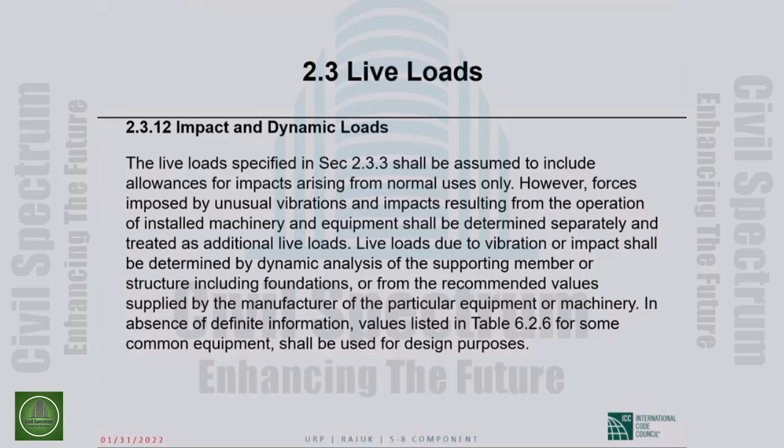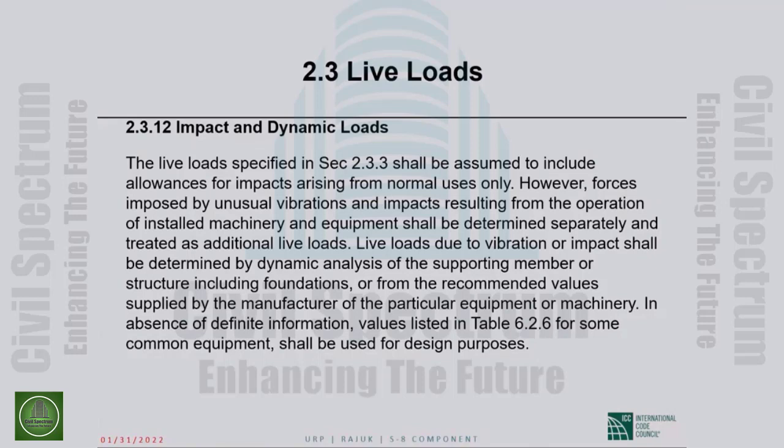This is very helpful. The live load specified shall be assumed to include allowances for impacts arising from normal uses only. So the live loads that we use that are in the table include allowances for impacts arising from normal uses only.